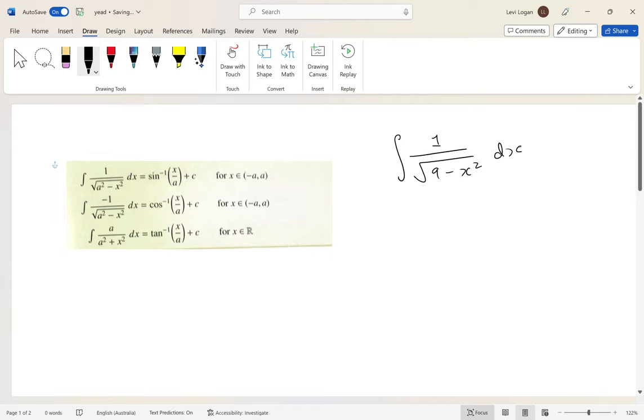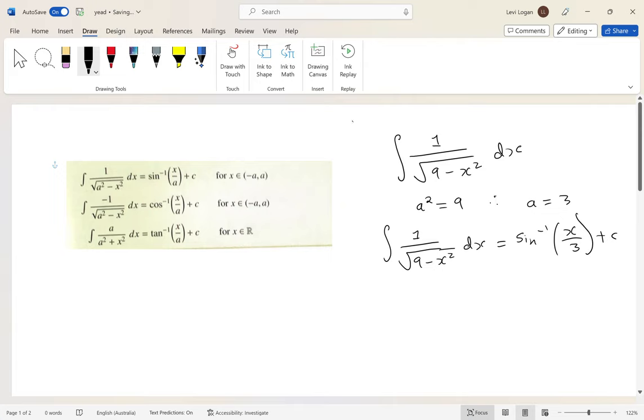Our a value is basically any number. In this case, a squared is going to be 9, therefore, square rooting it, a is going to be 3. So the integral of 1 over the square root of 9 minus x squared dx is equal to sine inverse of x over a, which is 3, plus c.